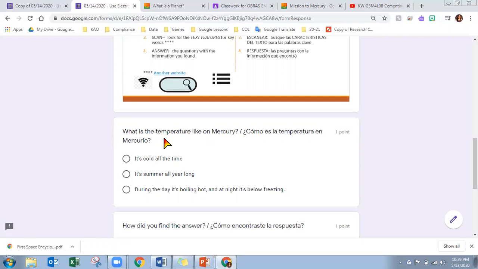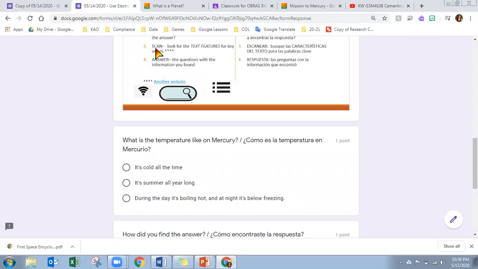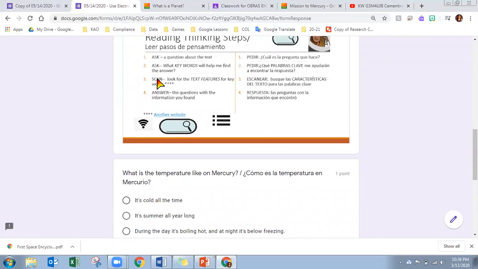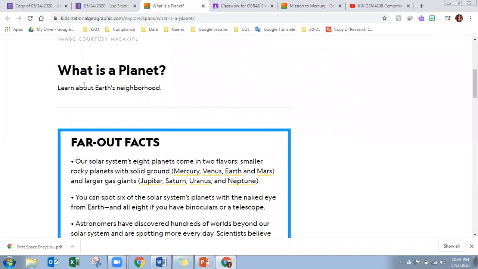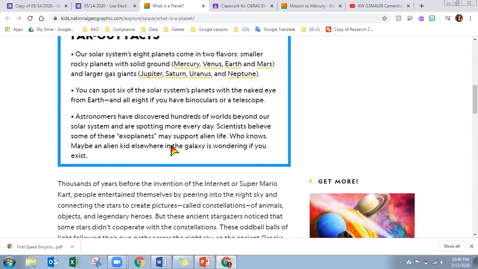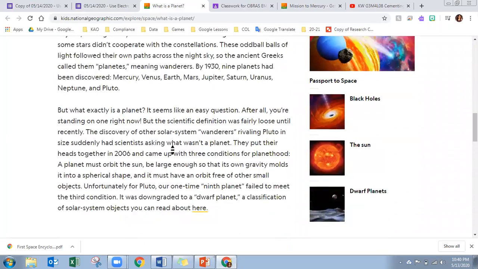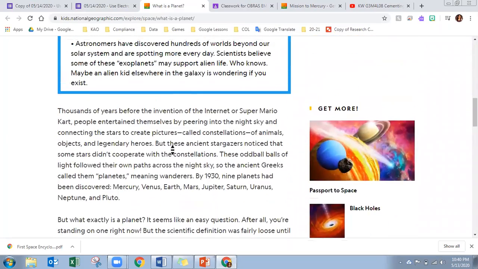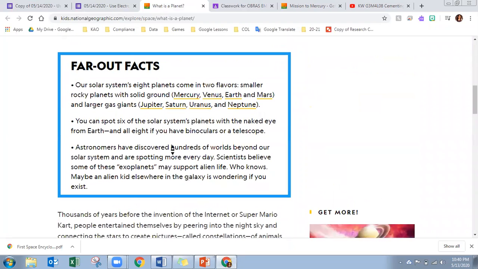us find the answer. So now our step 3 is we're gonna scan the website to look for the text features for our keywords. So let's go to our website. Our What is a Planet website wasn't about Mercury. It was about all of the planets and it didn't give me any specific information about them.